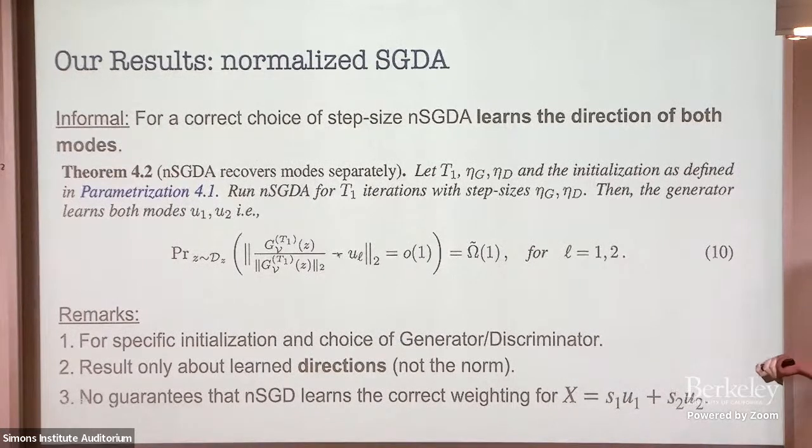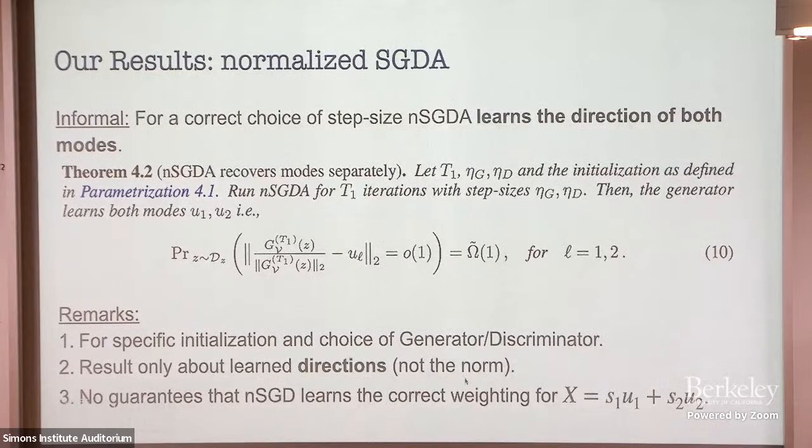The remark here is that this is proven in a very specific setting that is not as general as non-convex, non-concave GANs and any architecture. It's for a specific choice of generator and discriminator, and it's only about the direction. One weakness of our analysis is that we are not able to learn the correct U_i, only their correct direction, so we need to renormalize to get the result.